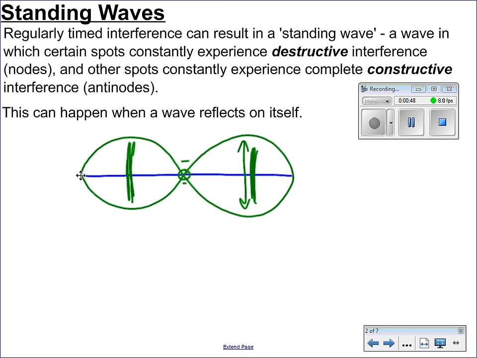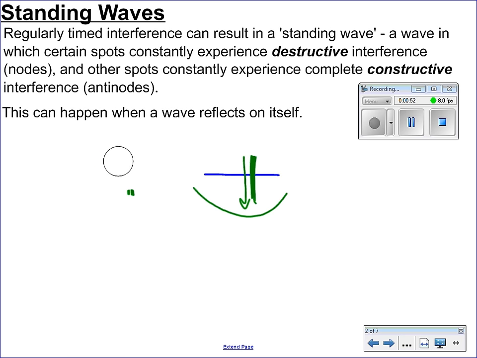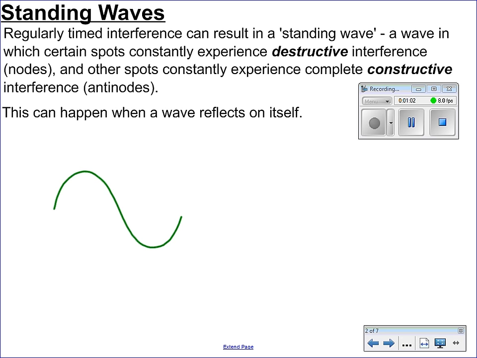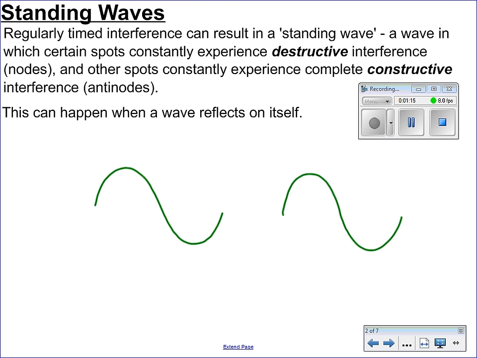Now what's happening there is constructive and destructive interference are setting up so that they always happen at a certain point. And really what you're doing is you're taking two waves. Let's draw a couple of transverse waves here. When you send a wave down to the end and it reflects, the next wave is coming along and they run into each other.